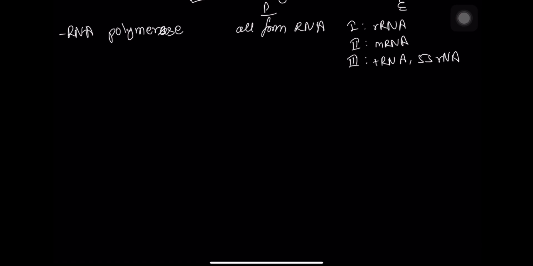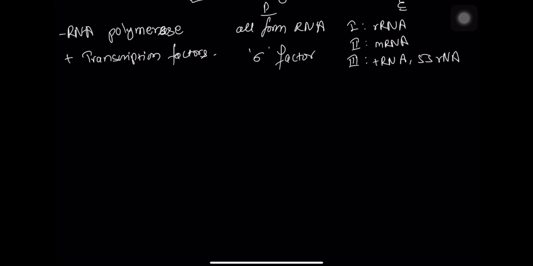Now, this RNA polymerase enzyme will also need transcription factors. The addition of these proteins is required to initiate the transcription. These are different in prokaryotic and eukaryotic cells. In prokaryotic cells, the transcription factor is called the sigma factor.